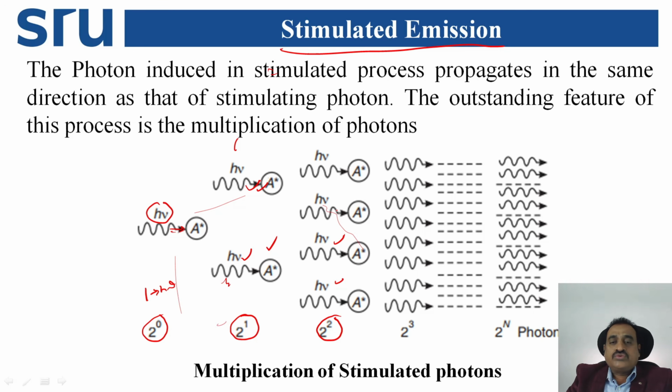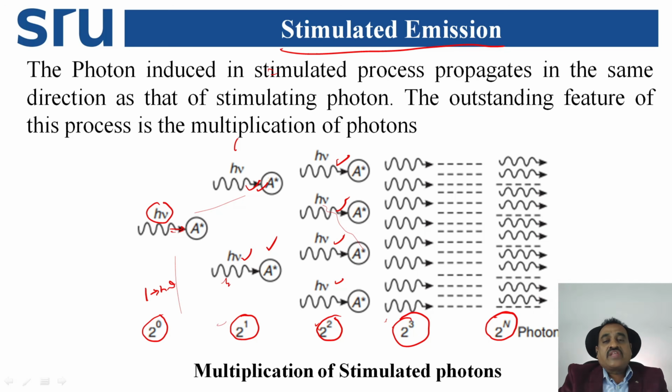One, two, three, four. 2 squared means four photons it can produce. These 2 squared photons incident on the excited state atoms can give 2 to the power 3 photons. So, like this, in this process, a chain reaction is formed, that is 2 to the power n photons. This process is known as laser action or lasing action.